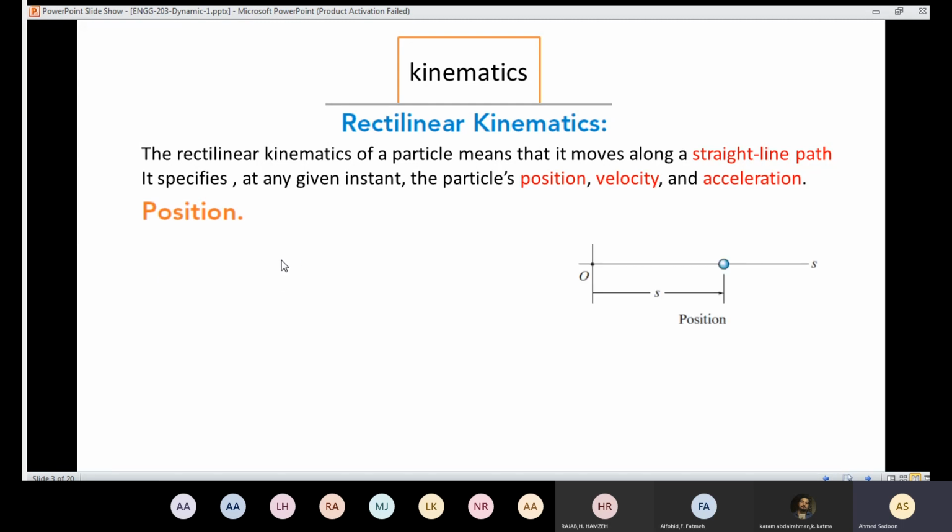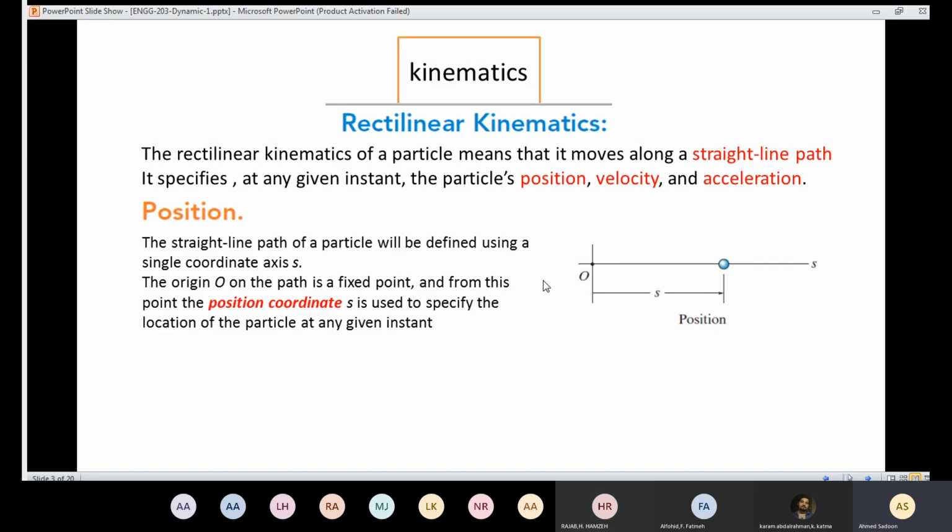What does it mean by position? So assume I have a particle here. In order to deal with that particle, to know the position of that particle, we are going to set up a single coordinate axis S. So here we are going to have only one coordinate system, a single coordinate axis. We are going to call it S. So if I have a particle here, I'm going to install a single coordinate system S like that.